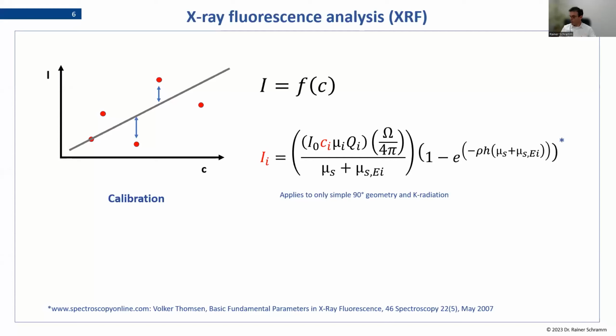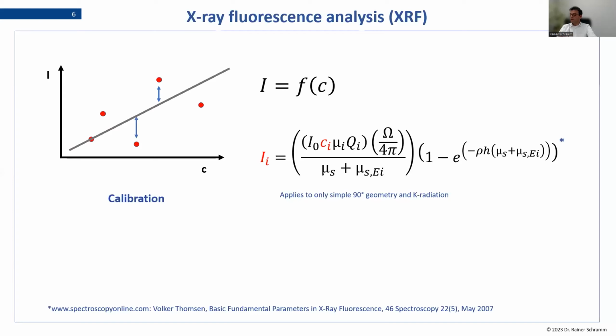This is first-class analytics, but the standardless software alone already gives fantastic results. If you have a full geological program with all these trace elements and majors, and you want to calibrate this with samples, you need endless standard samples, and this is nearly not possible. So you will always use the standardless software to help analyze all different kinds of traces.